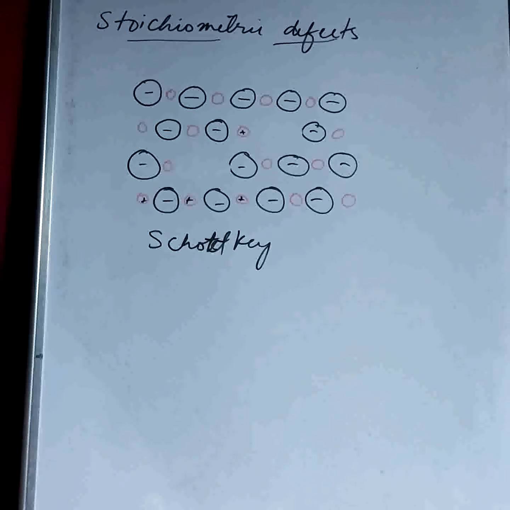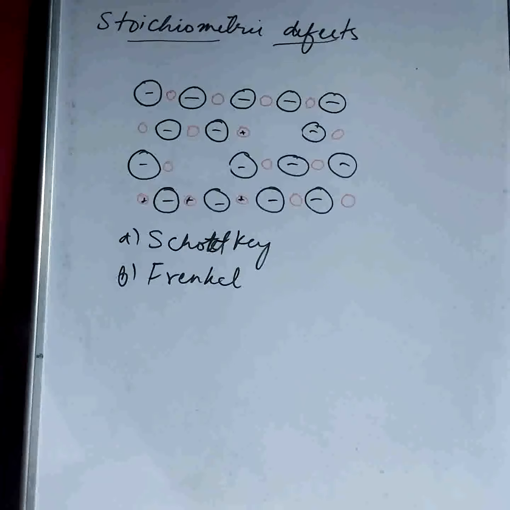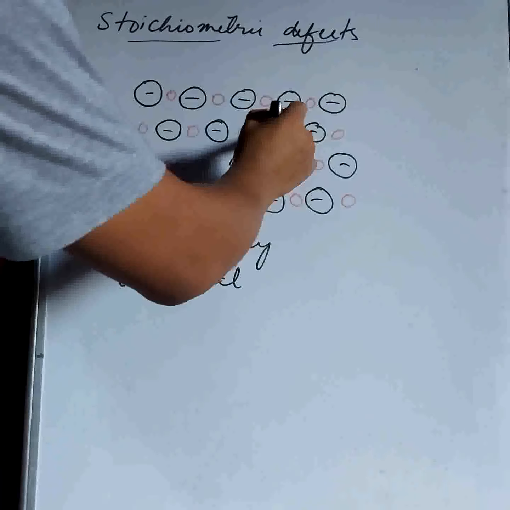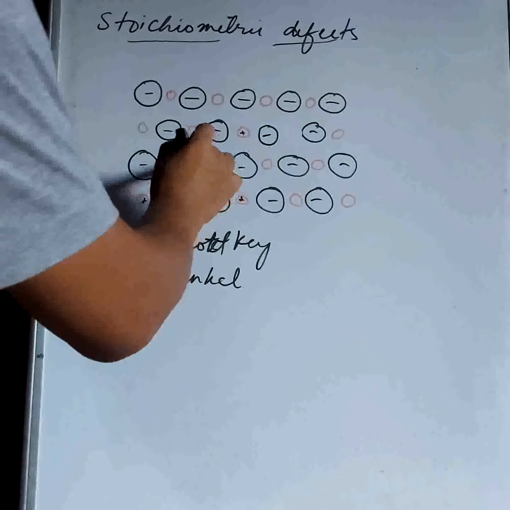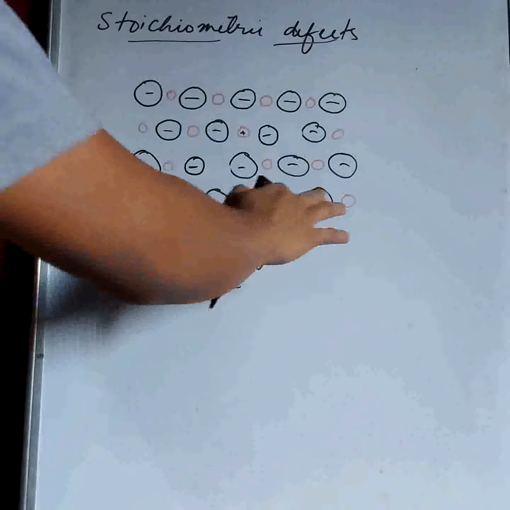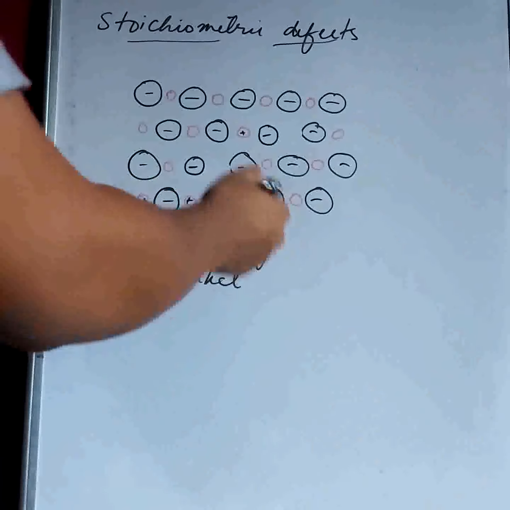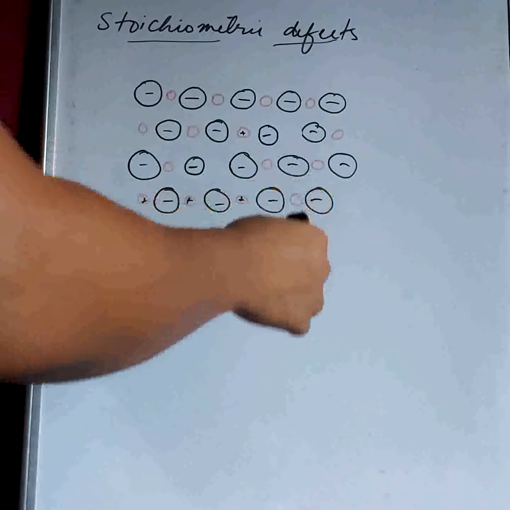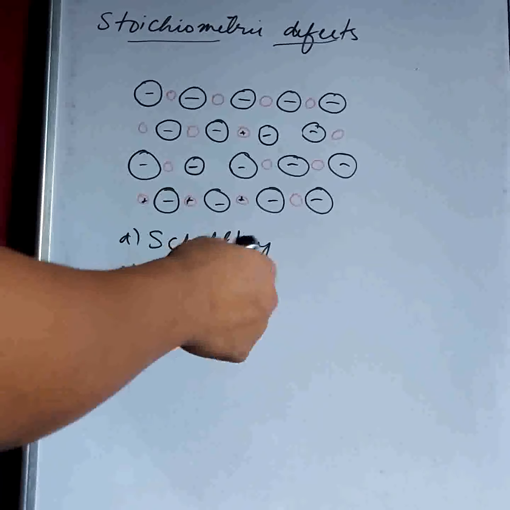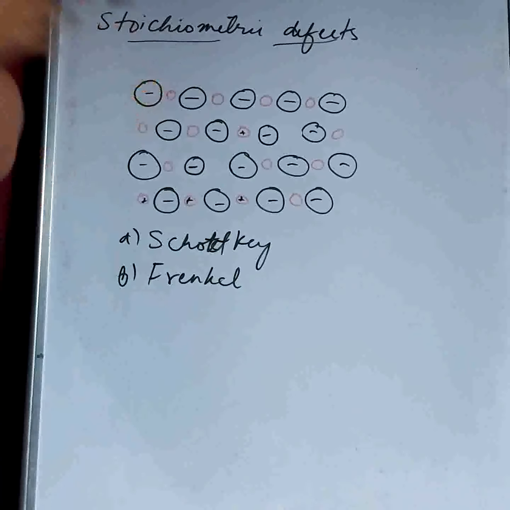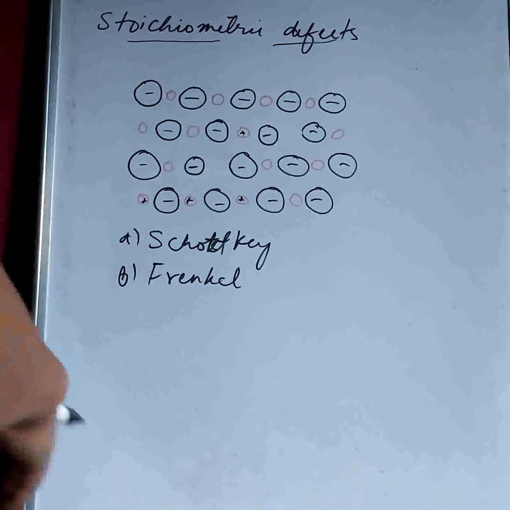And then another of these stoichiometric defects is the Frenkel defect. But in Frenkel defect, we'll have only some of the cations, or in some other arrangement, the cations will be missing in equal amounts, or maybe in some other arrangement the anions will be missing in equal amounts.